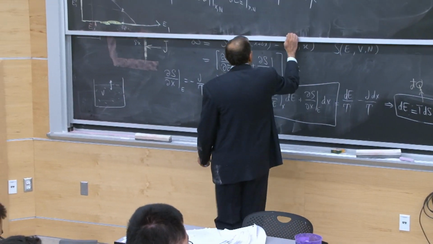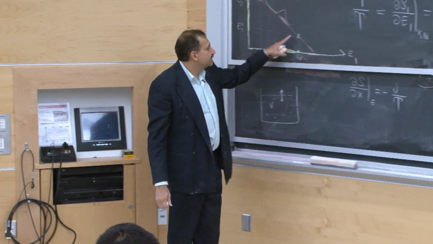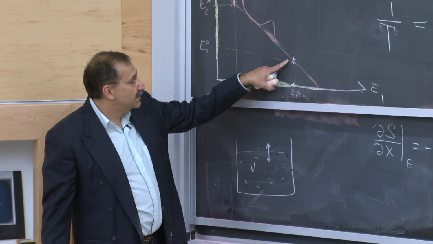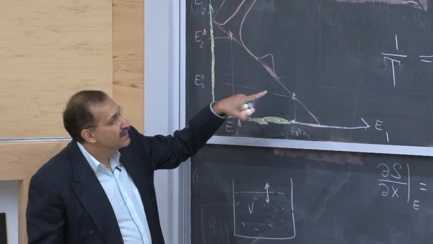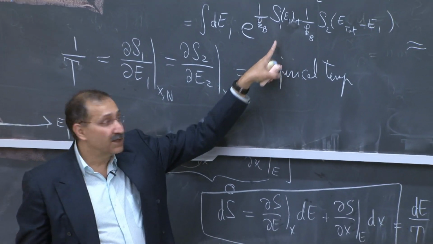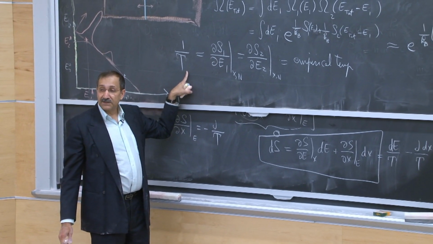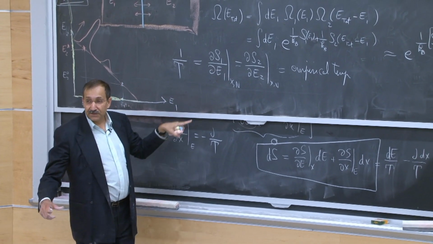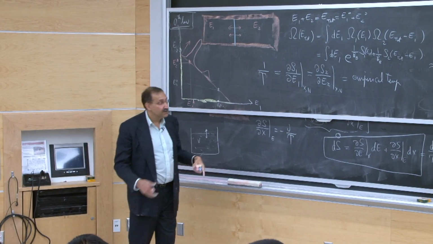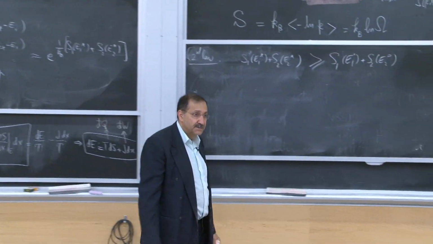More specifically, if you follow the course of the system as it starts from here, you will find that it will always go in the direction such that the derivatives that are related to temperature are such that the energy will flow from the hotter to the colder body, consistent with what we expect from thermodynamics.